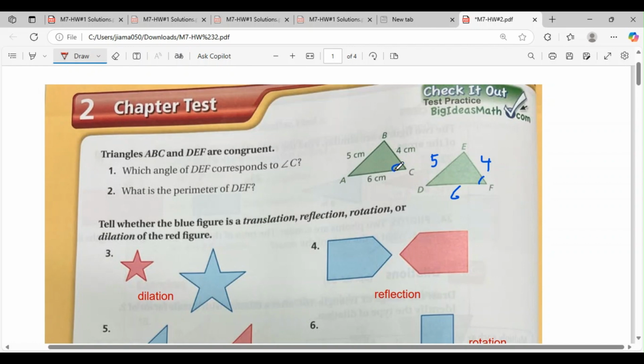So angle C is the same as angle F. So the answer of the first question is angle F.